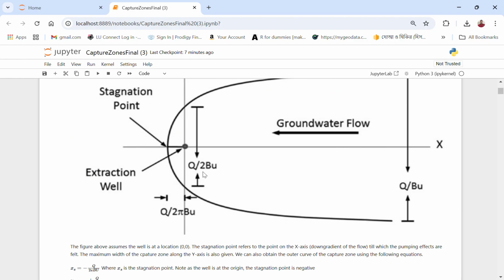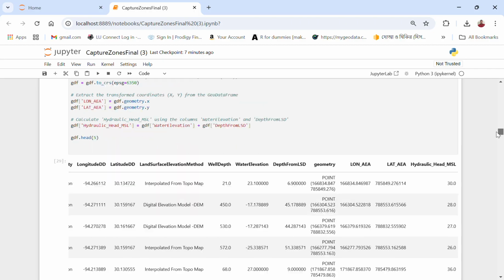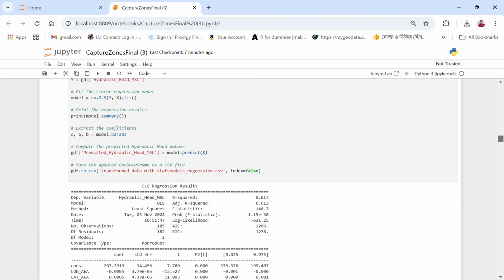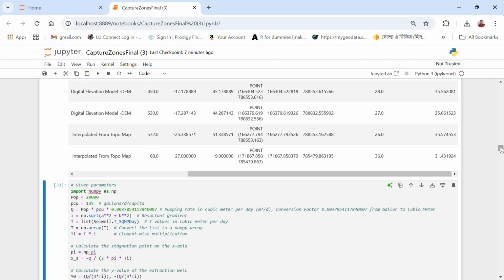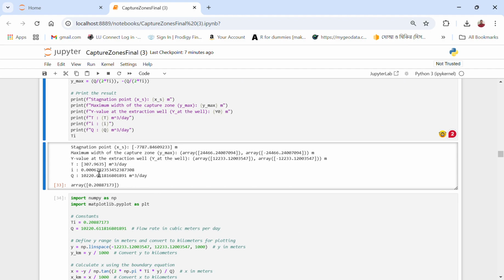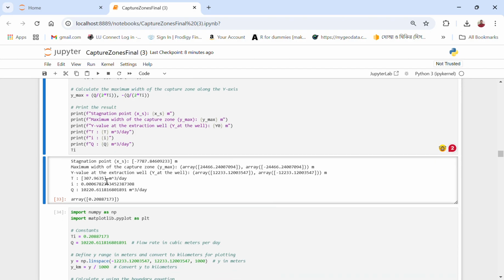From this equation we have calculated this y max and the y value at the wellhead, as well as the stagnation point distance. This is my summary data that is calculated. The maximum width of the capture zone I found is 24,000 meter, that is 24 kilometer, and my converted transmissibility value is 307.